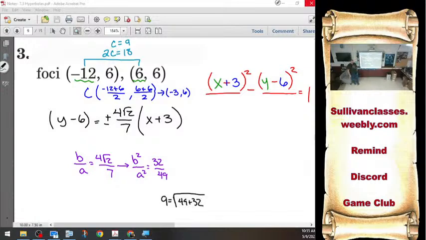If it doesn't, then I have to change what A and B are by doubling or tripling or whatever it is, the scalar factor of it. But 49 plus 32 is 81, so it actually does work. So I'm able to put my 49 and 32 in there. Okay? You have to check it because they will not always work like that.